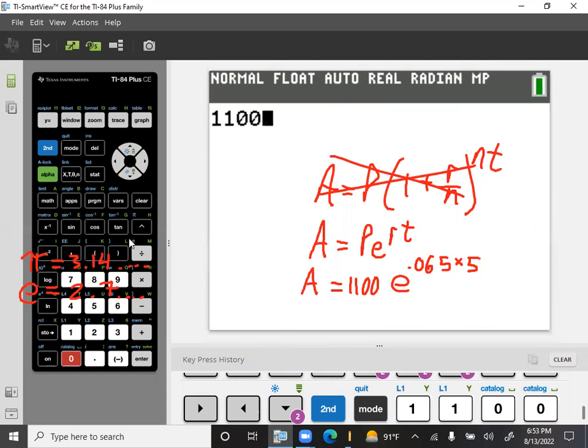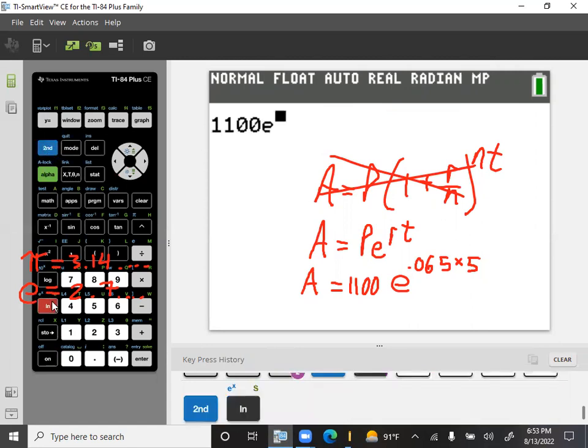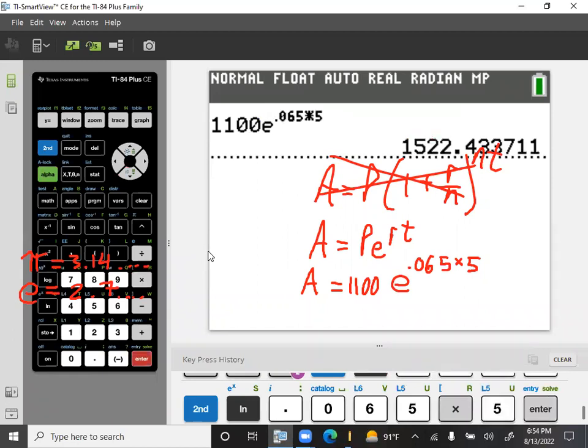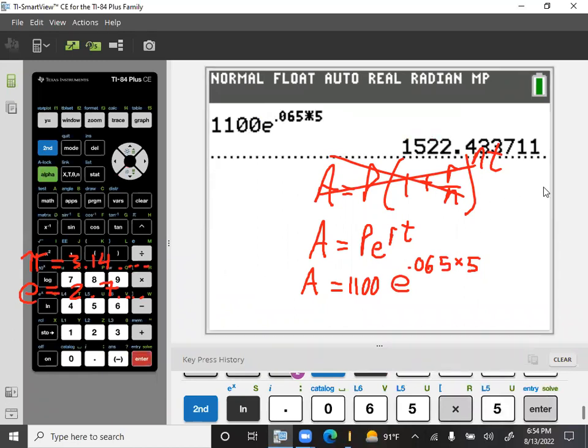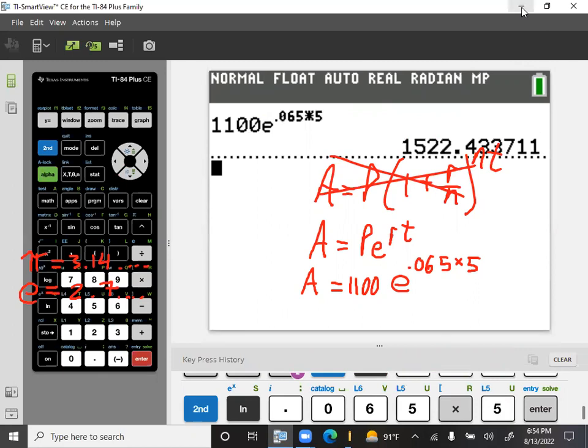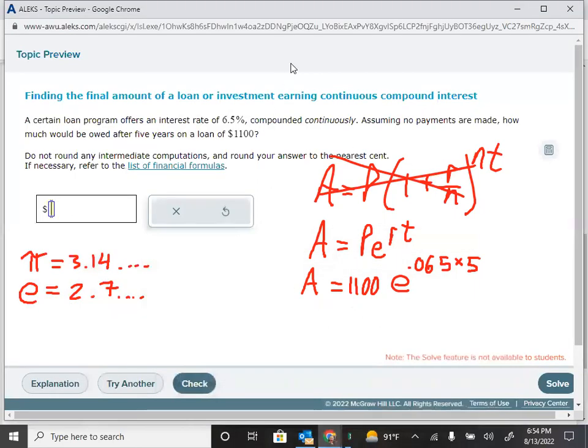It's right above the divide sign, it's e to a power. Since I want to do it to a power, I'll just go second and then that one. Or you could go second, e, and then use the exponent key. It would be the same thing. And then 0.065 times 5, and you get $1,522.43. That's how much money there'll be. So that means $422.43 of interest. So anyway, that's how it's done.